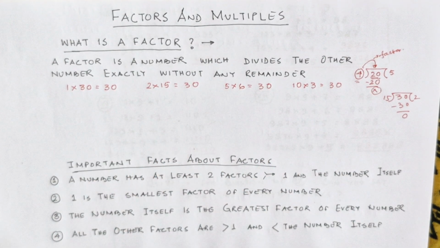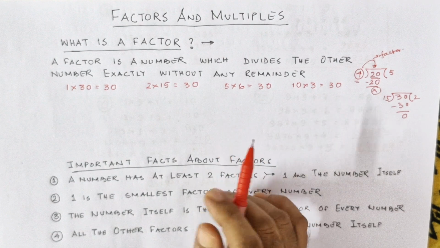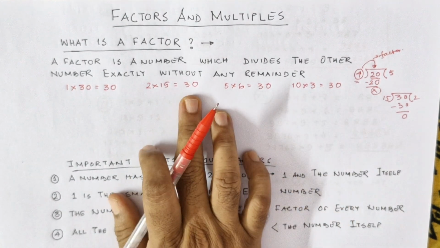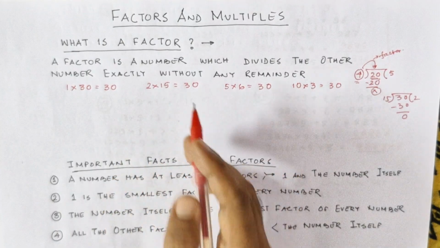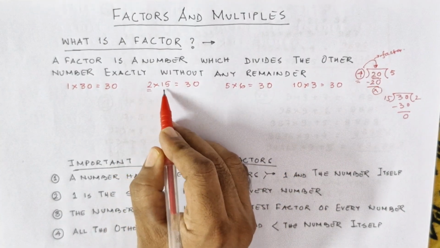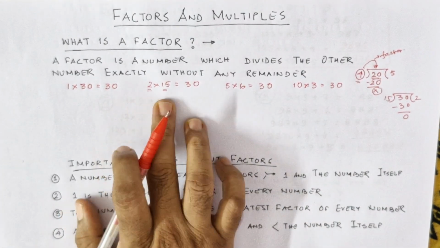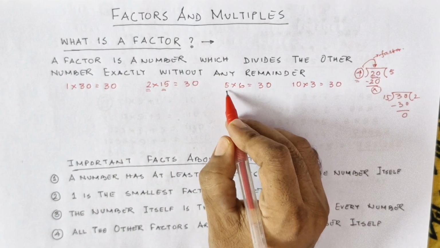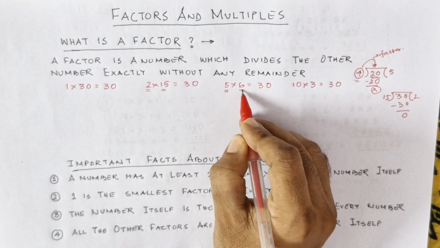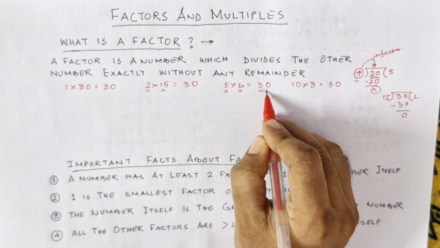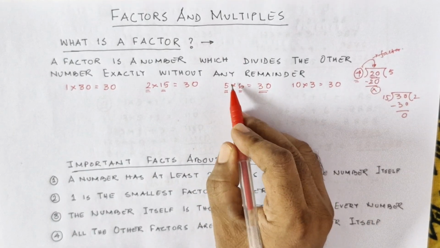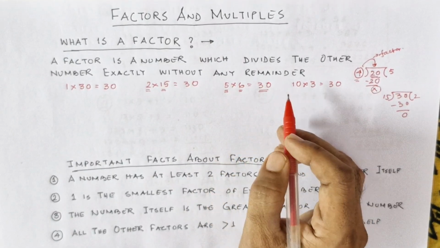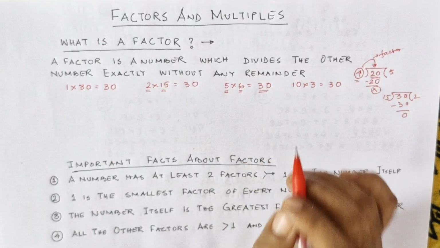So I can say that the numbers that are multiplied to get the product can divide the product without a remainder, and these are the factors. If I multiply 5 by 6 to get the product 30, I can say 30 is exactly divisible by 5 and 6. Hence 5 and 6 are the factors of 30.